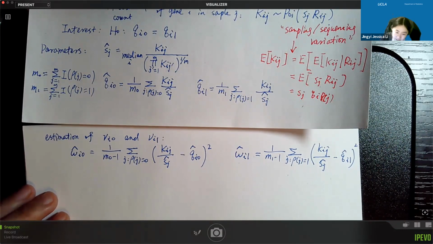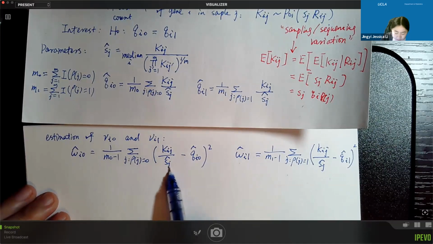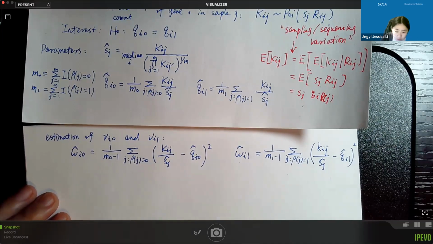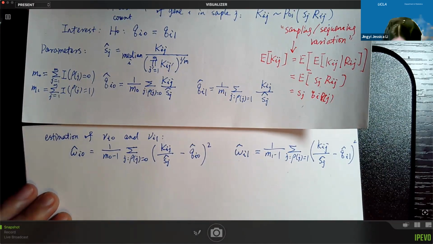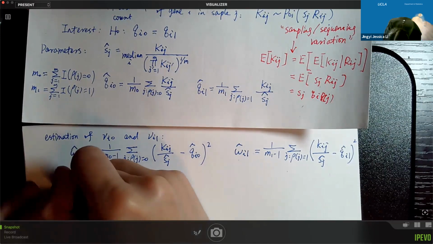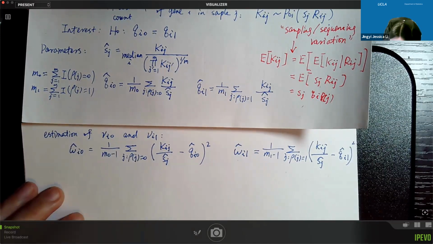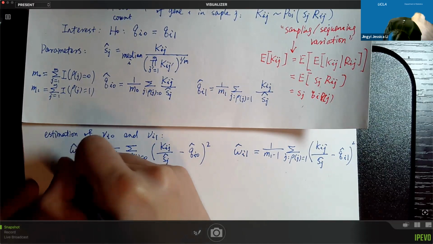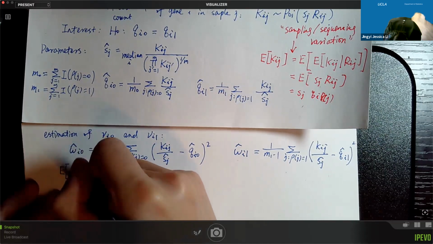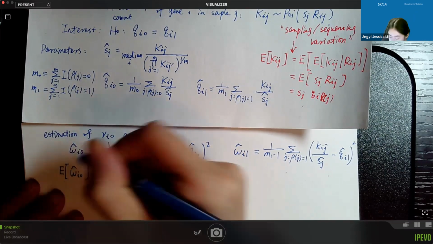Because of this term involved, I'm going to skip the detail, but essentially, the authors show that they need to do some bias adjustment, which means that when they do omega I0 expectation.